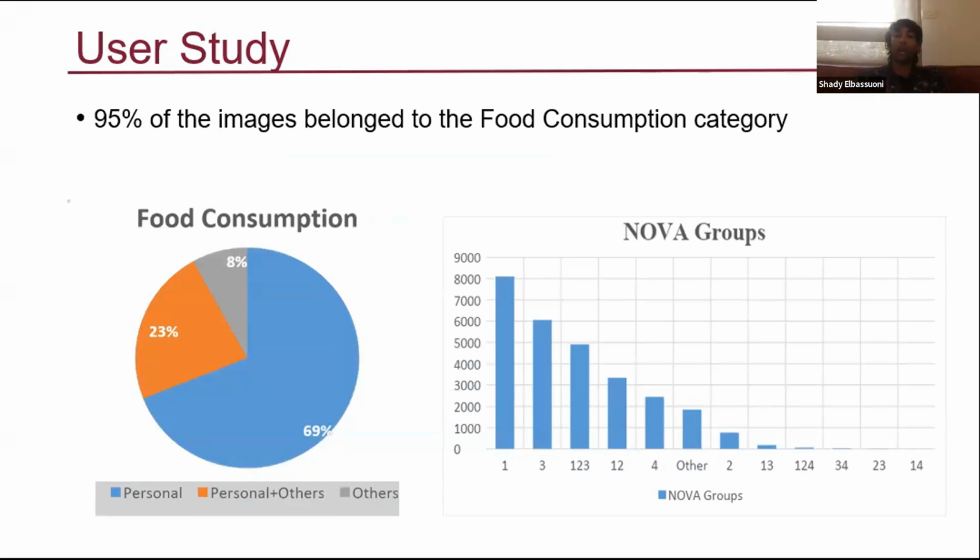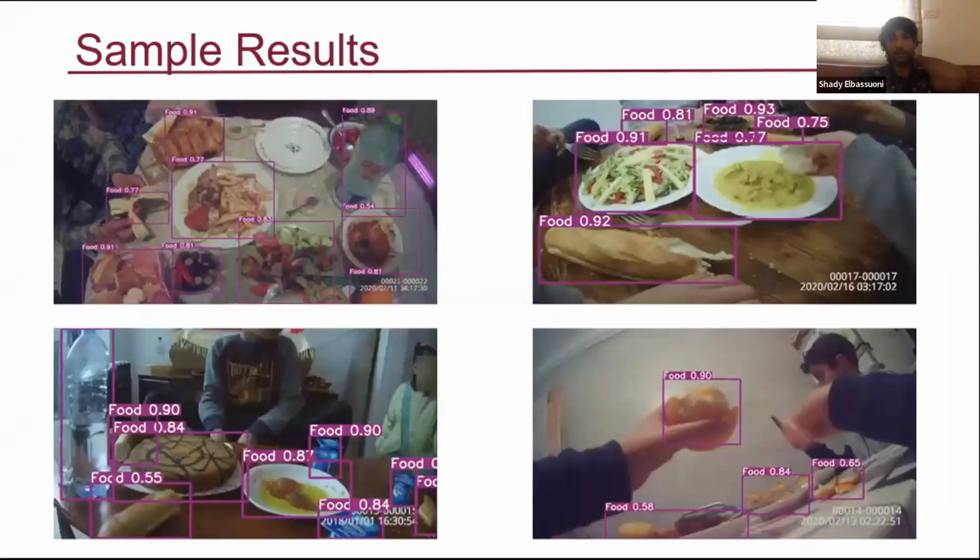And when we look on the right, there is a long tail distribution across the NOVA. Right, next. Okay, and these are some sample results, and you can see that the model was really successful in detecting all the food items in most of the images, even when an image has many of them, and was really doing pretty well, at least in this sample.